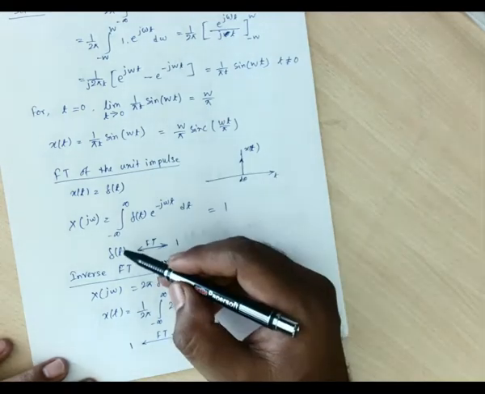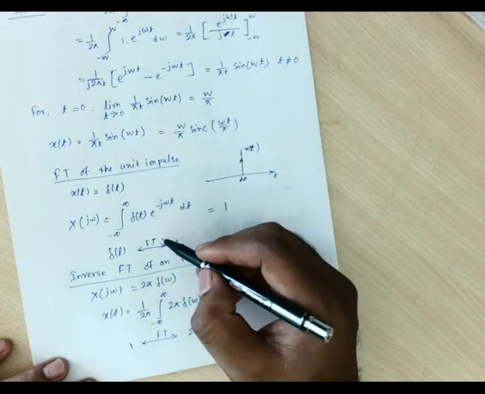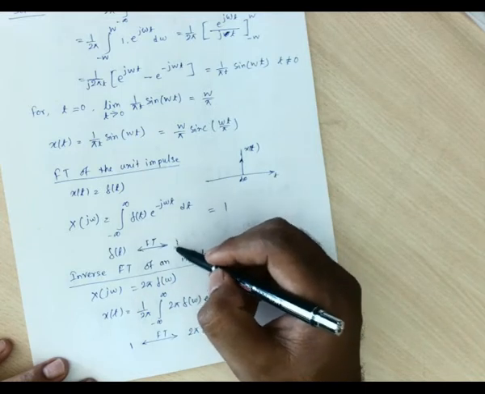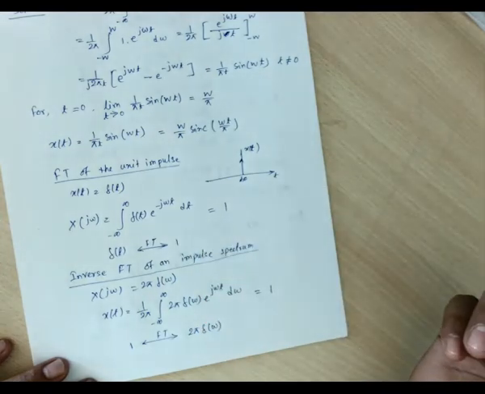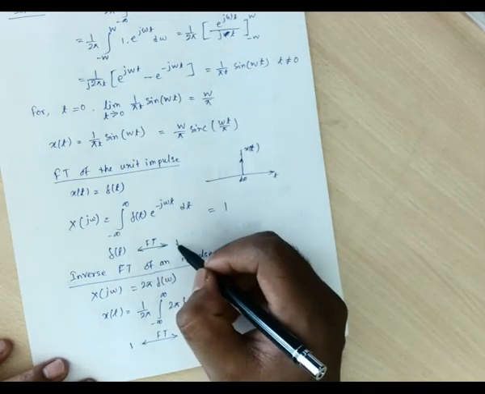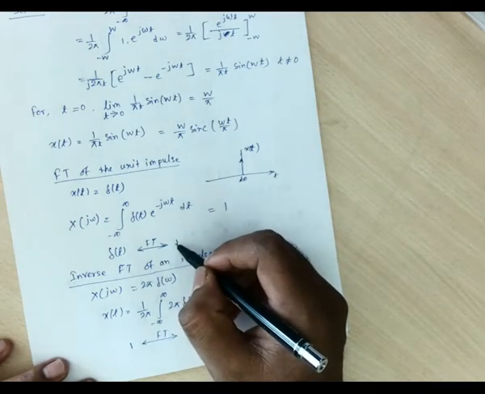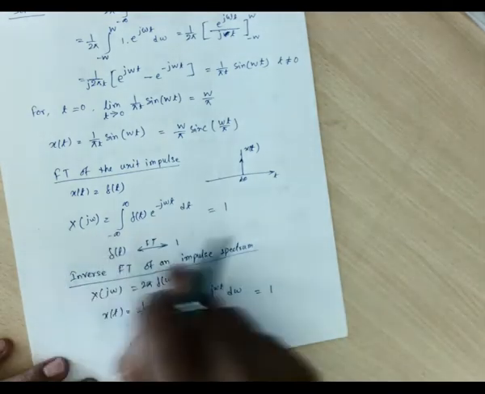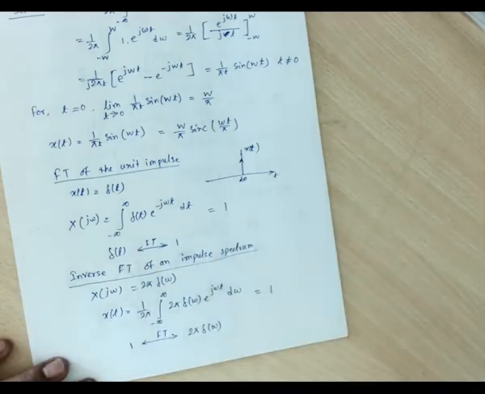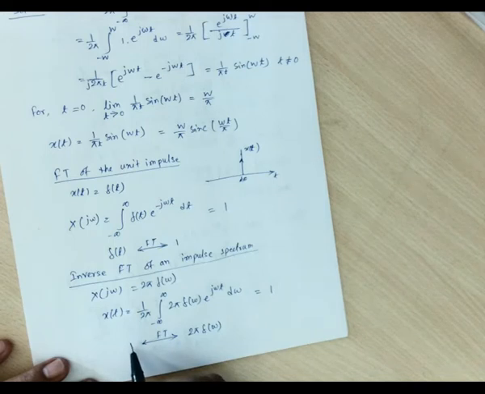But if we have an impulse in the time domain and take the Fourier transform, then we get 1, unity throughout the frequency spectrum. But if unity exists in the time domain, a constant value signal with amplitude 1, its Fourier transform results in 2 pi del omega.